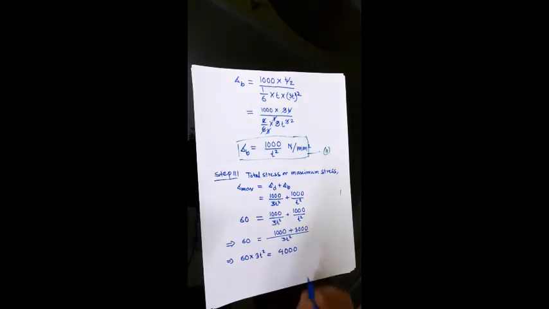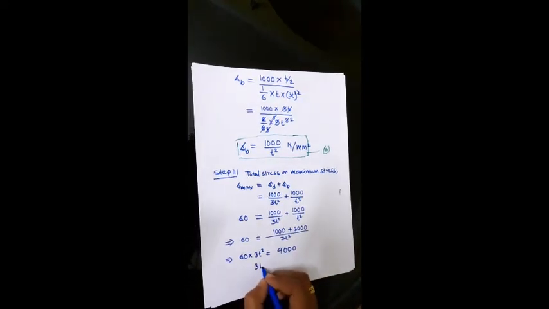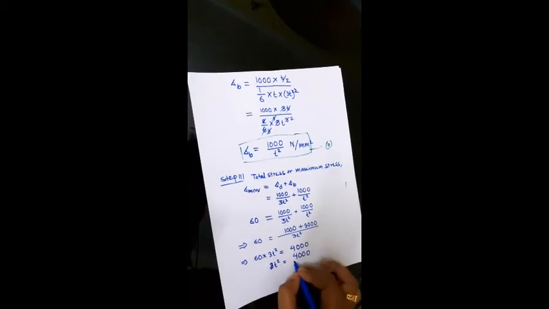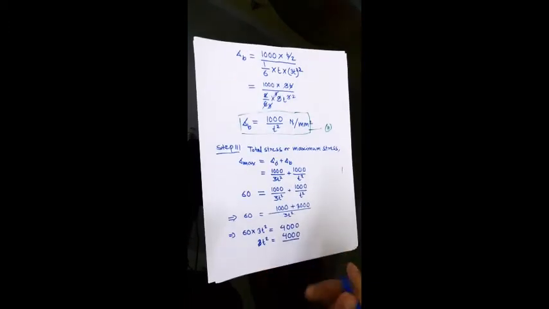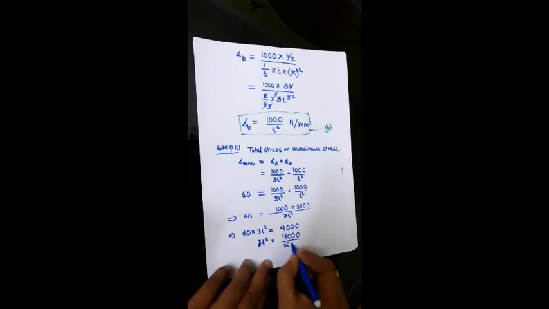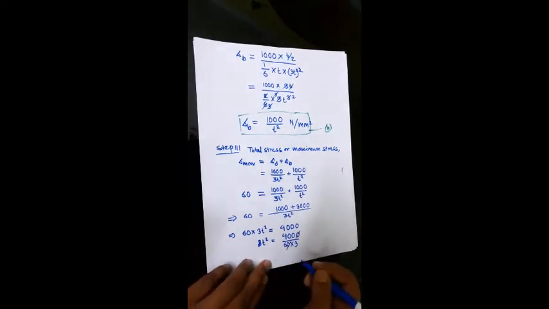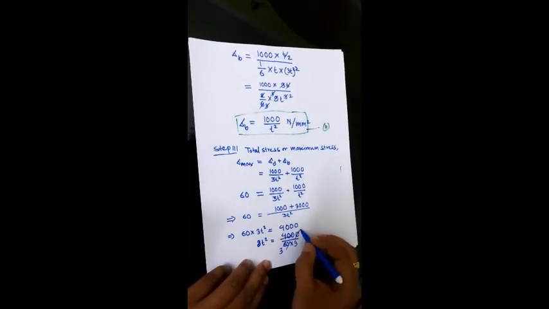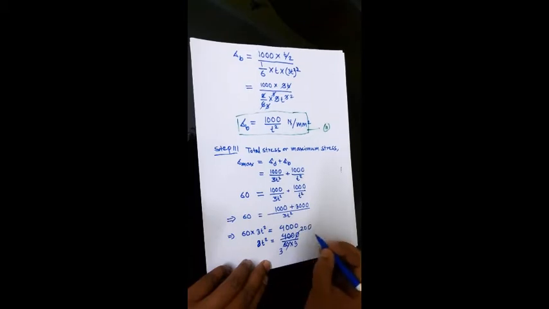So t square can be written as 4000 by 60 into 3. If we calculate, this will be 3 and this will be 200, so the answer will be 200 by 9.